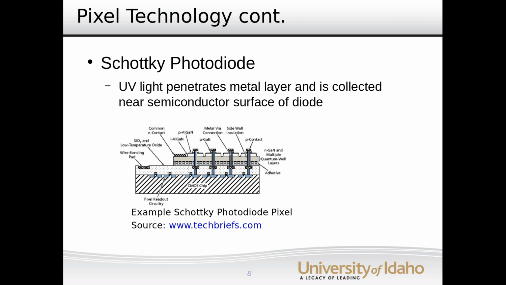So you need to make sure that your process is well dialed in in order to prevent a lot of noise in a pixel array. The benefit is that you're able to get that near surface collection on the semiconductor, and you're able to integrate it into a CMOS technology, so you can use a lot of the same readout circuitry that we had for CMOS image sensors.